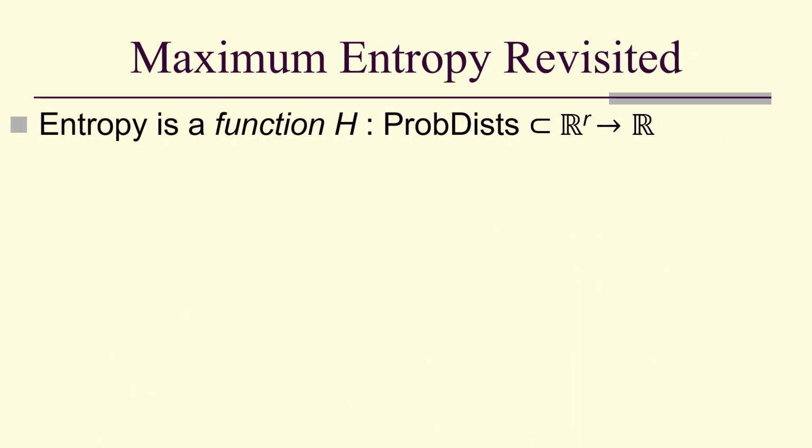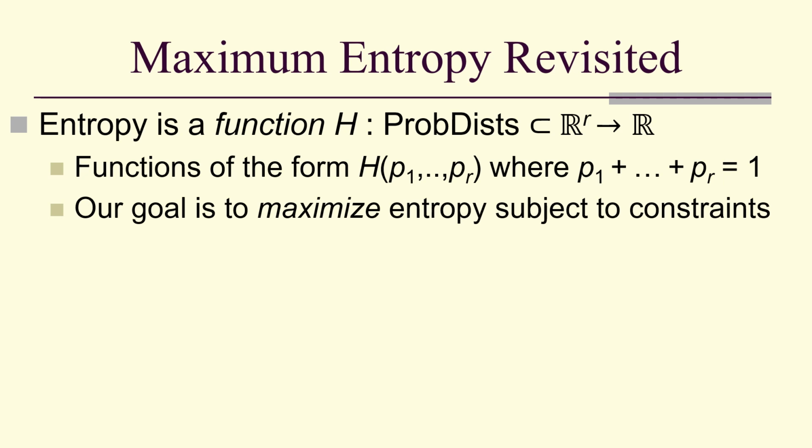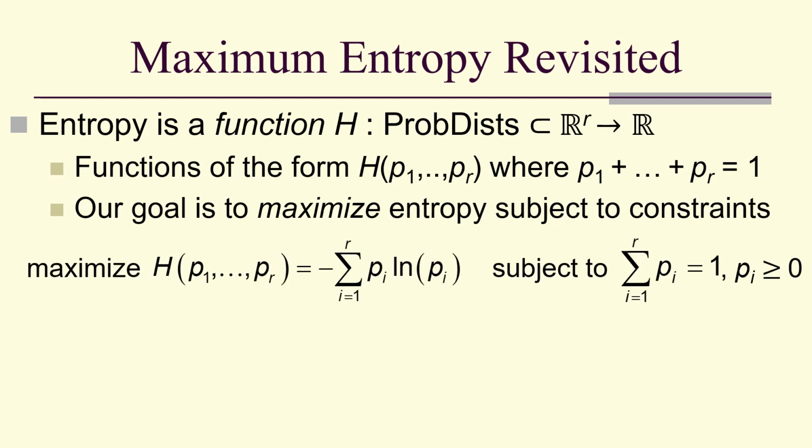So entropy is a function that maps probability distributions to the real line. Functions of the form h of p1 to pr, where these are now variables, and their sum is 1 and they're non-negative. And our goal is to maximize entropy subject to constraints.